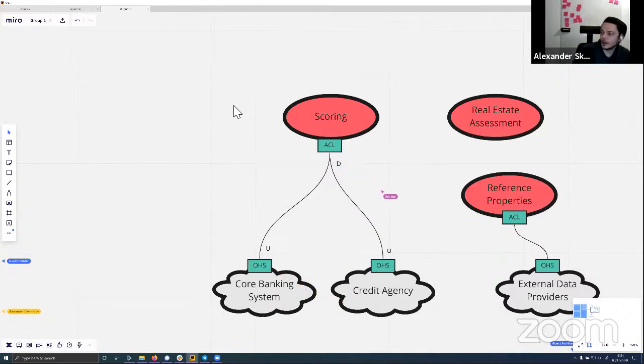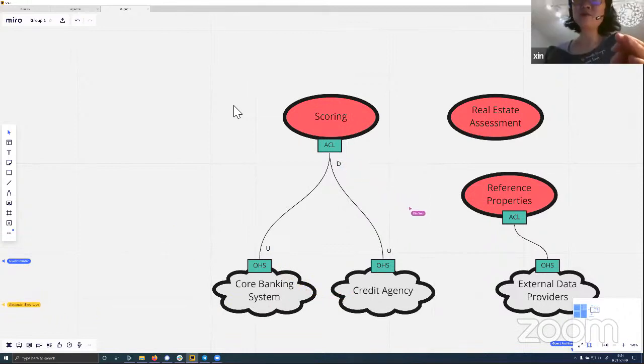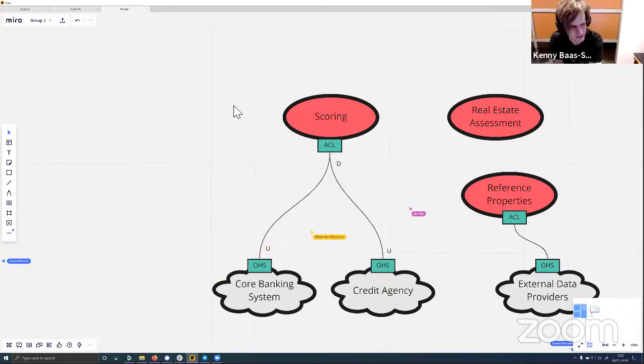Kenny, I just want to verify what you're saying: suppose we had some influence on the credit agency, if there were a customer supplier relationship, we can still do the translation without having an ACL explicitly written on the customer side. Yeah. Okay. Cool. ACL means ACL. There's a lot of confusion there.